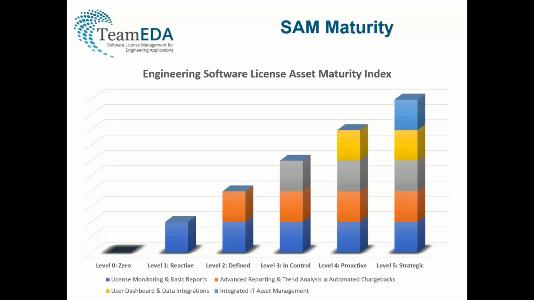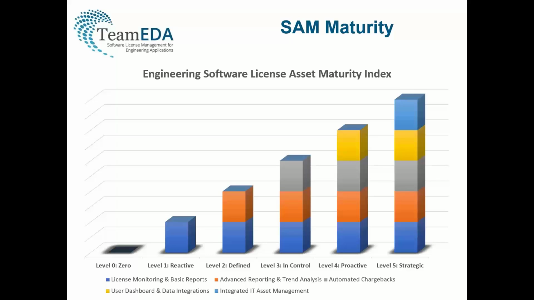Level 2, the defined. They're actually monitoring some licenses, maybe they've got some basic reports, and they're doing a bit more trend analysis. Maybe they have some in-house scripts, or they've bought a tool to do that. Level 3, I'd say they're in control.